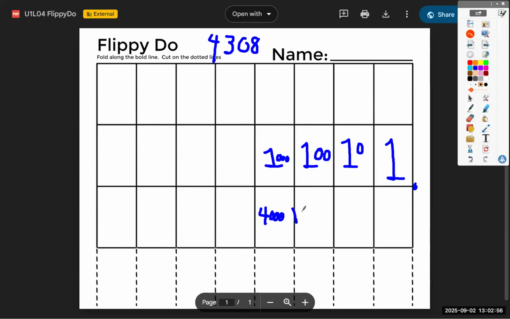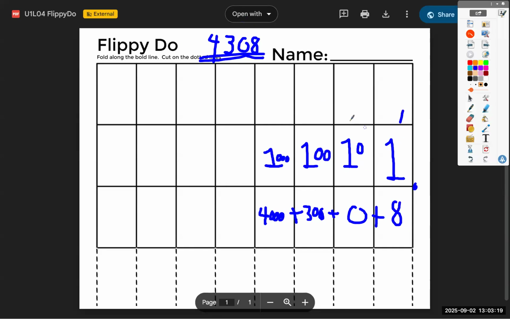Okay, you have a 3 in the 100s column, which means you get 300 for that. I have a 0 in the tens column, so I get no more, and I have an 8 in the ones column, so I get 8 more. 4,000 plus 300 plus 8, 4,308. Okay, that shouldn't be anything new.